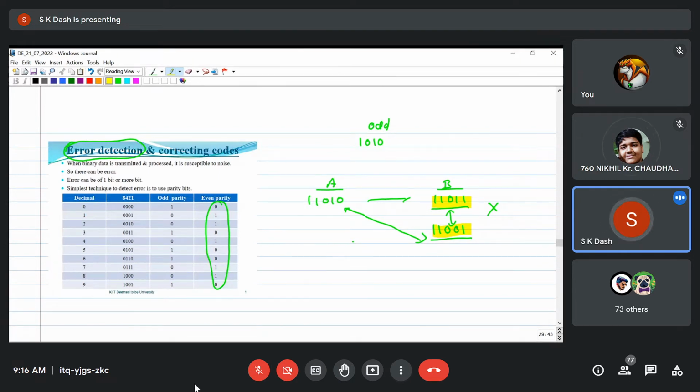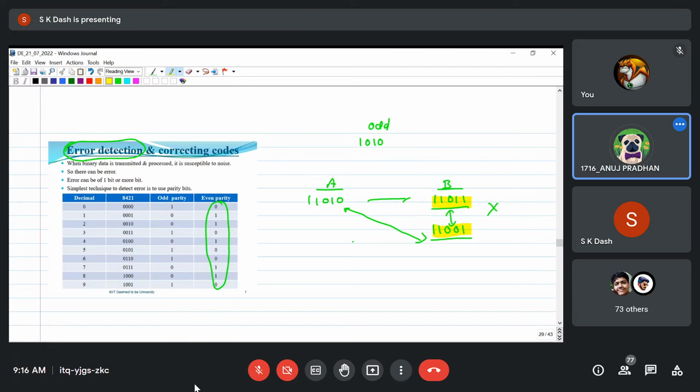So can you think about it in terms of errors? In how many bits is the error? Here only in 1 bit the error is there, whereas here a 2-bit error is there. So this system is valid only if a 1-bit error takes place.